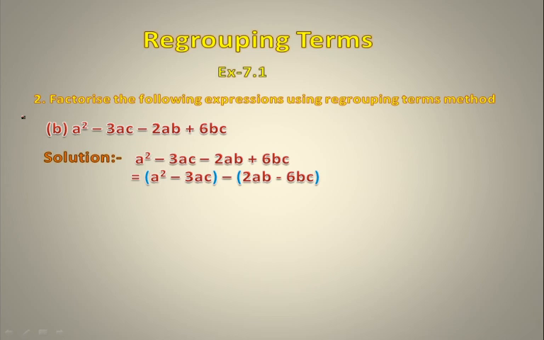On the screen, you'll find that a square minus 3ac in the bracket, the sign does not change. But in the second group, the plus has changed to minus. Why? It is like this.